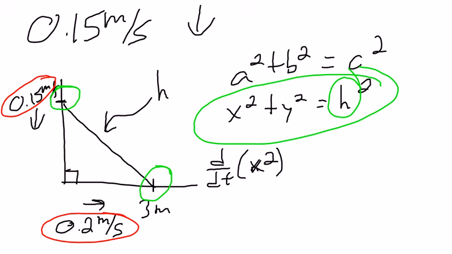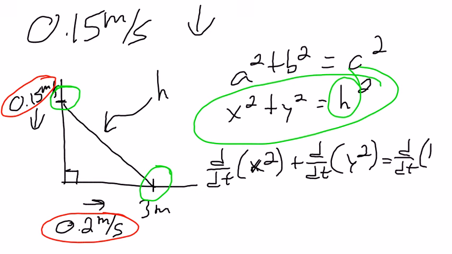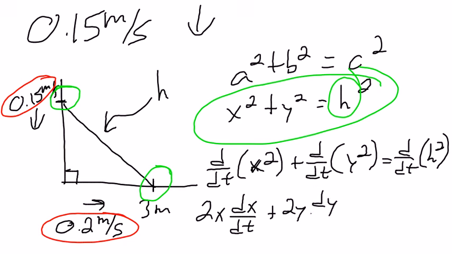Alright, so in doing so, simple derivatives. We know from any time before, we're going to have our power rule. It's going to give us 2x, and then from the chain rule, dx/dt, plus 2y dy/dt. And since our height is a constant, we're going to have 2h dh/dt, but that's going to go to 0.